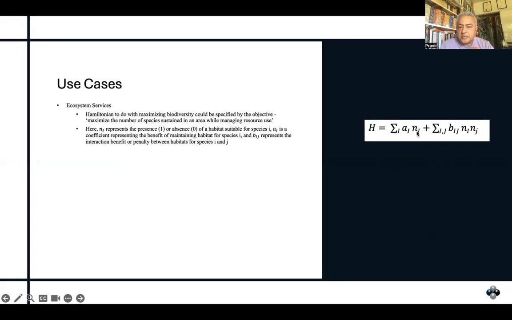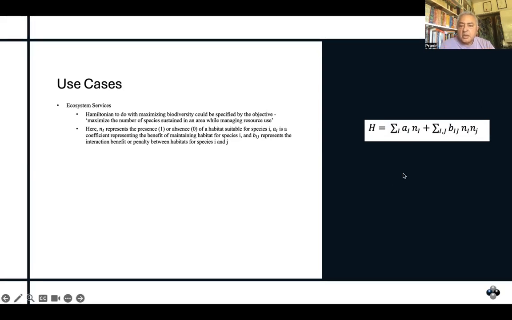A_i is a coefficient that represents the benefit of maintaining the habitat for species i. And when we think of the habitats for two species, i and j, and the connection between them, B_ij can be thought of as representing the benefit or the cost of having both those habitats together.